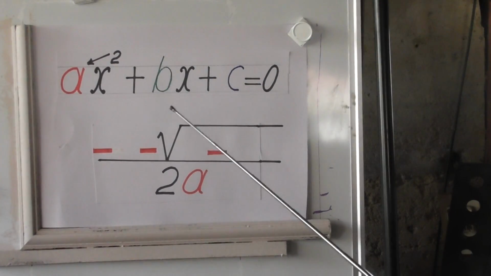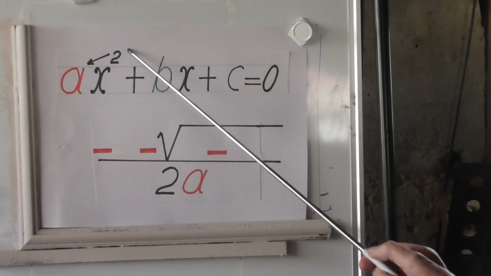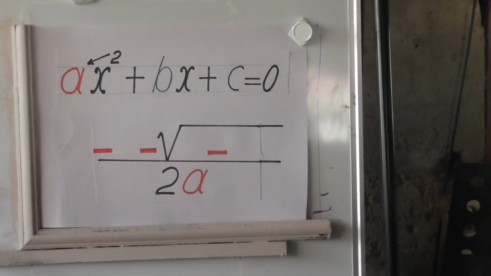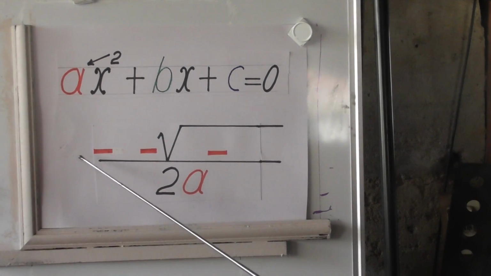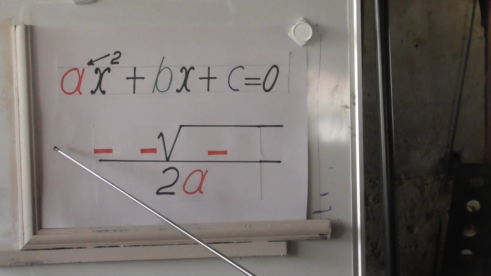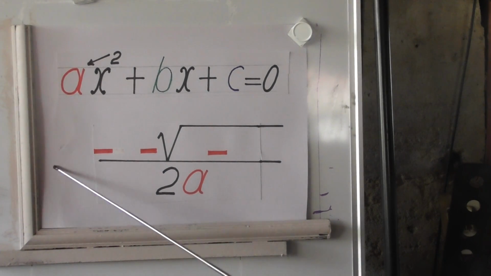And so here is the general formula: ax squared plus bx plus c. This is stage 1 to practice. So all you have to practice for the time being: I should have put x equals.